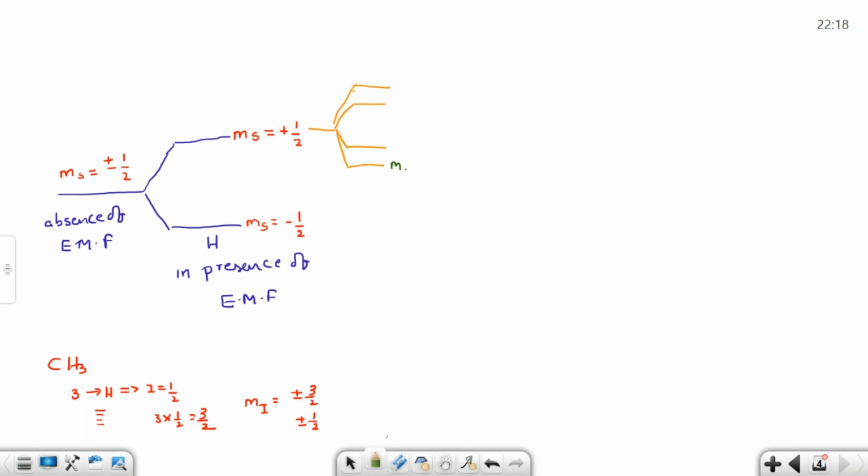Those are Mi equal to minus 3 by 2, Mi equal to minus 1 by 2, Mi equal to plus 1 by 2, and Mi equal to plus 3 by 2.